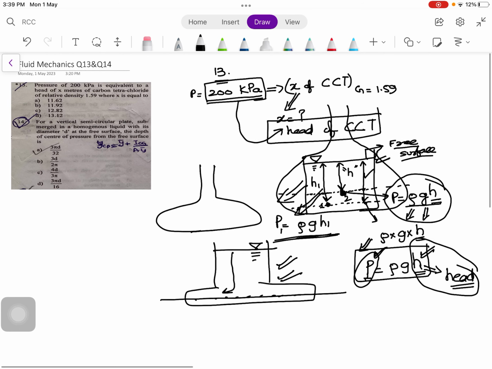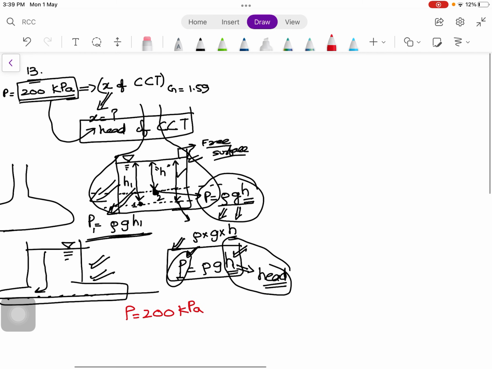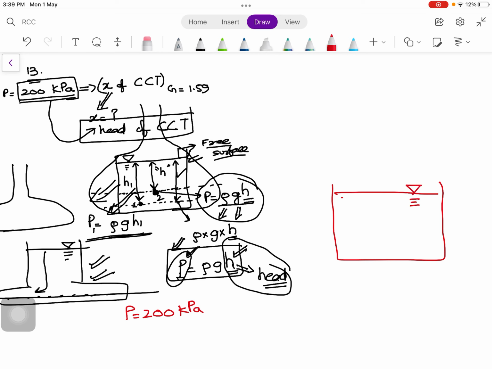So in this question, we have been given that the pressure is 200 kilopascals. And let us imagine that the situation is that we have a container which consists of carbon tetrachloride liquid, and we have been already told that the pressure at some point in this container which has carbon tetrachloride is 200 kilopascals.